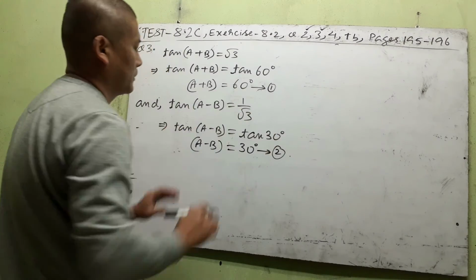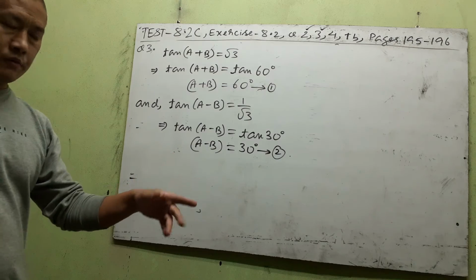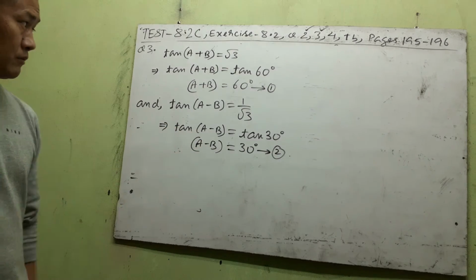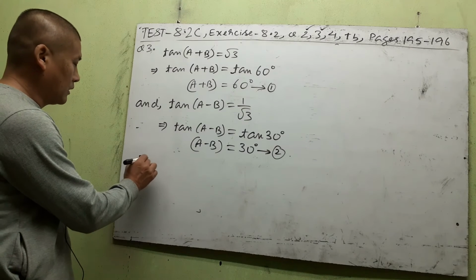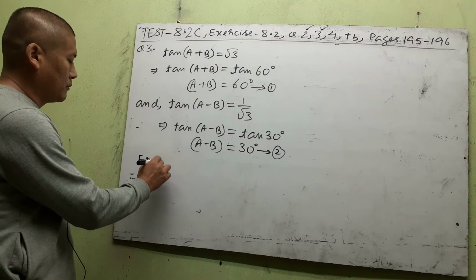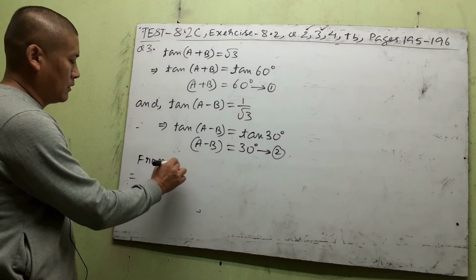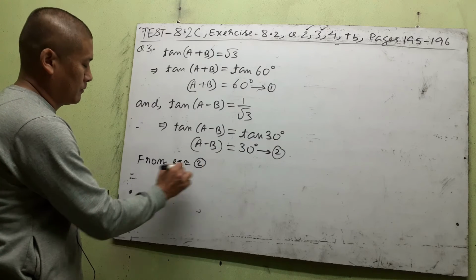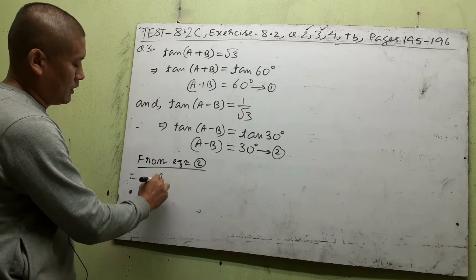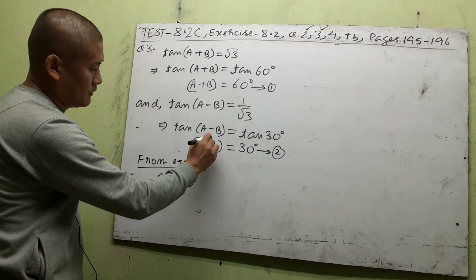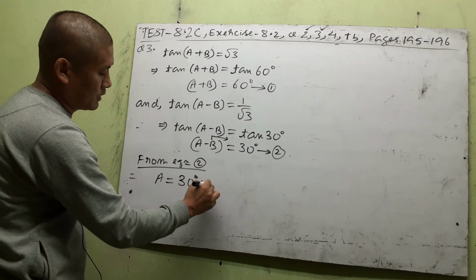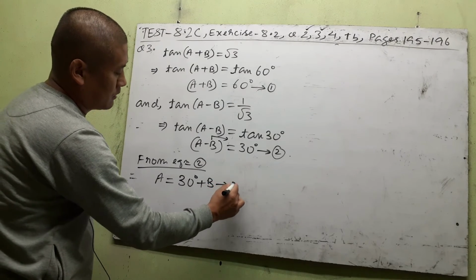Equation number 2. Now there are many ways of solving it, but we can just pick from equation 1 or 2, whatever you like. If you were to write a from equation 2, then a will be equal to 30 degrees plus b, since minus b shifts and becomes plus b. Let us put this as 3.